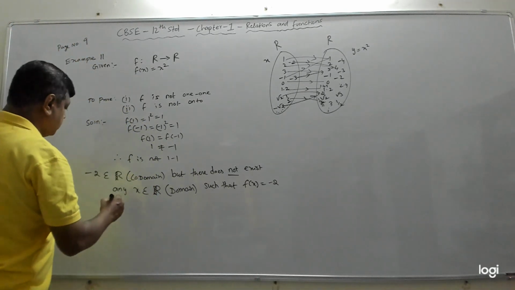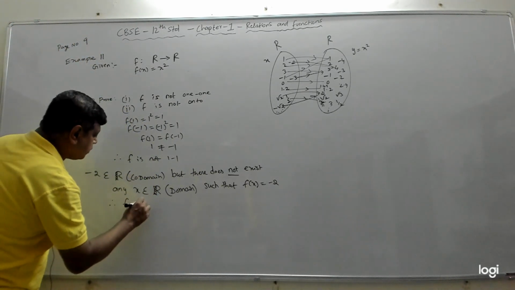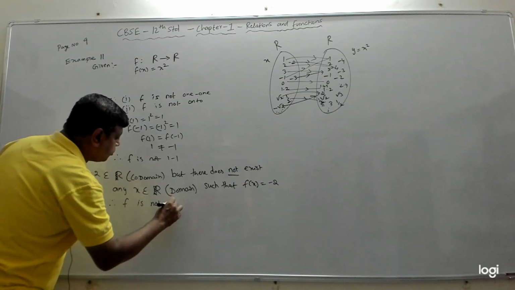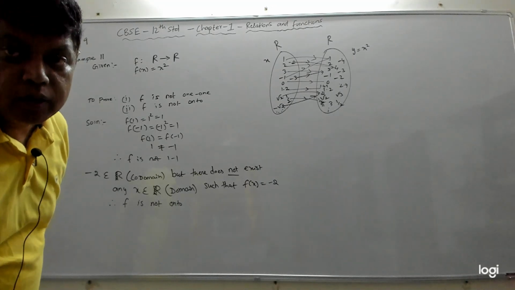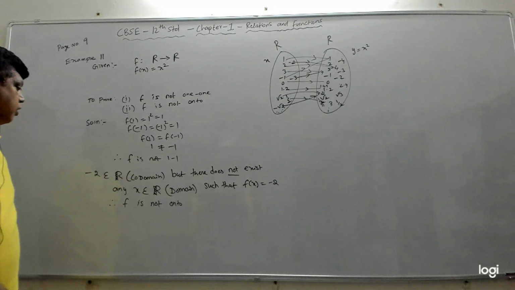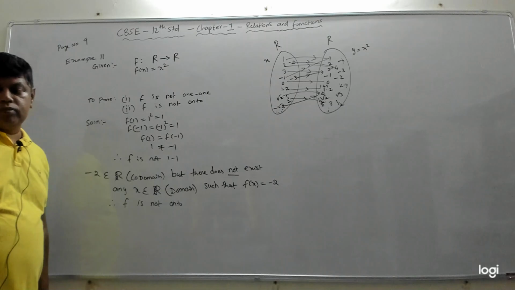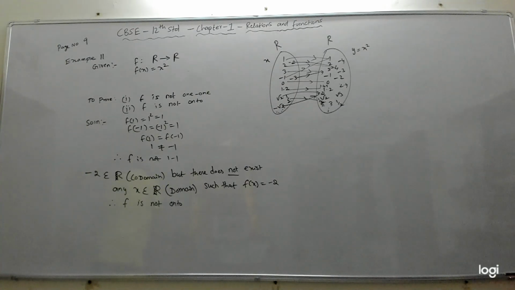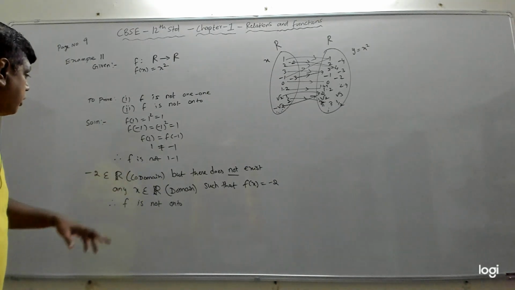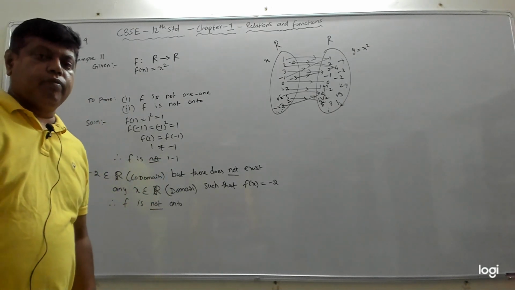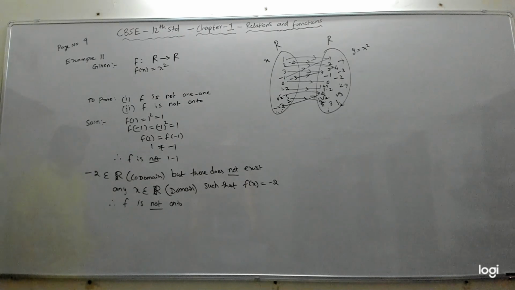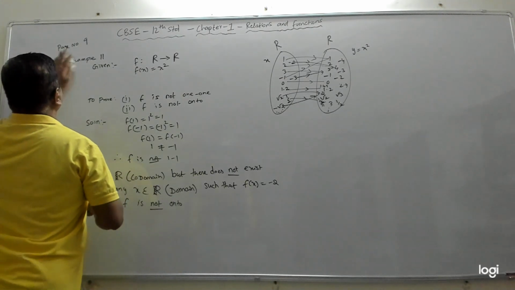So f is not an onto function. Here we have proved that f is not a one-to-one function, and f is also not an onto function. All of you can pause the video and take the notes. I'll go to the next example, which is example 12.